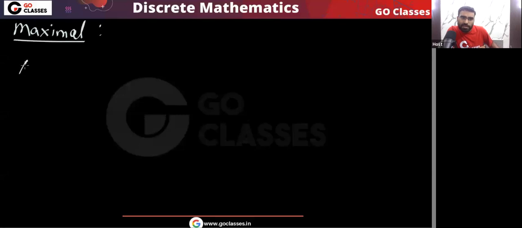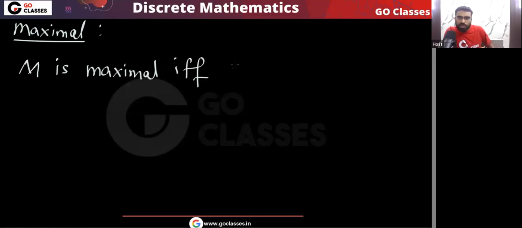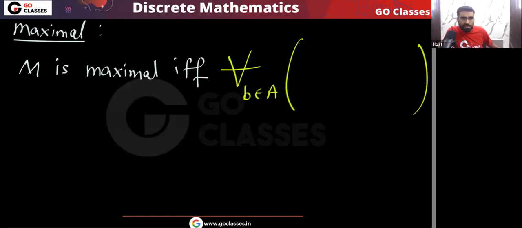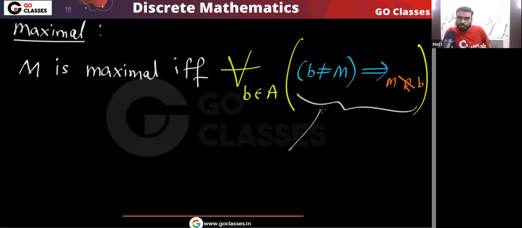Maximal element. When can I say M is maximal? If and only if, for all elements, if B is different from M, then M is not related to B. Yes or no? Tell me what will be the contrapositive.